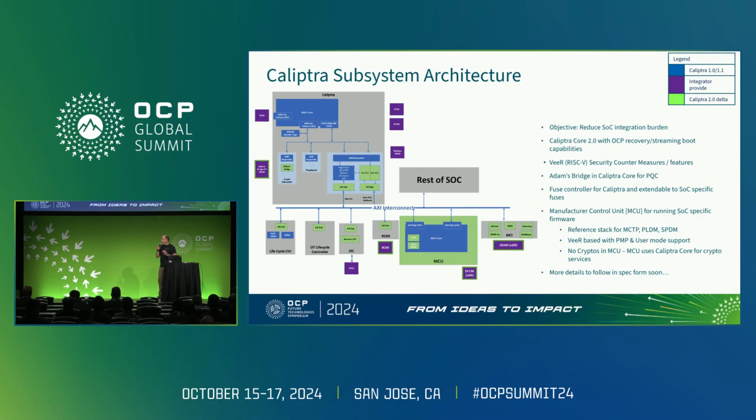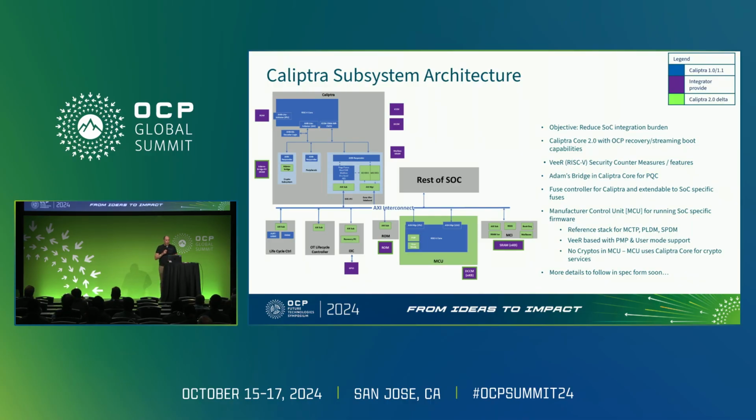Then you have everything else on this slide on the south of the AXI interconnect, which is some of the feedback from some integrators, which was, hey, we want a bigger solution than Caliptra core. And that's where the subsystem kicks in. So if you want to take on more things from the open source community, you can take on the subsystem. It's essentially a second RISC-V core that you see over there.